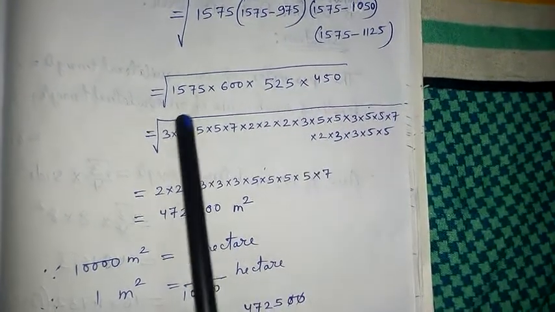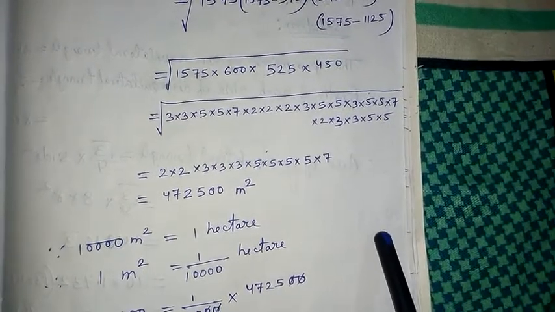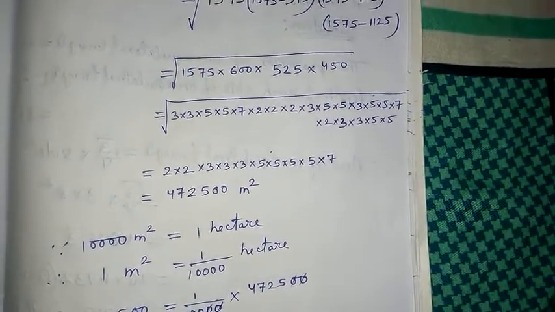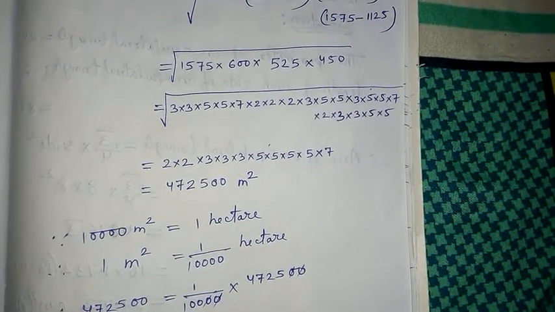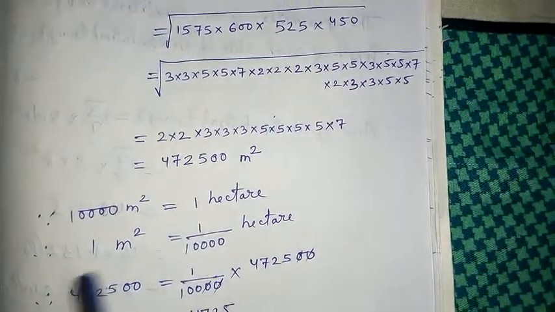All these factorizations you need to do in the rough. Just tick the number and start with the prime numbers 2, 3, 5, 7. You take the help of 11, take the prime numbers and do it.